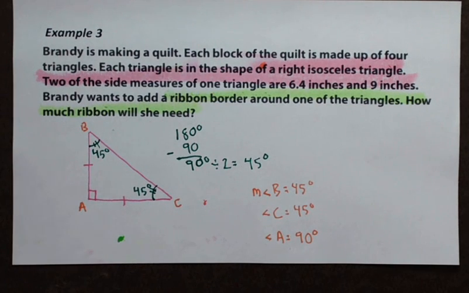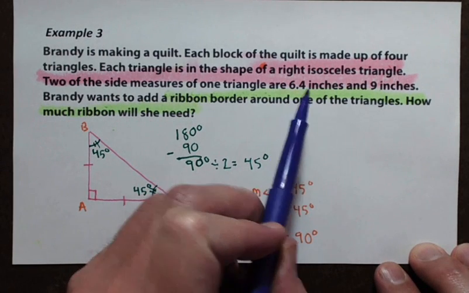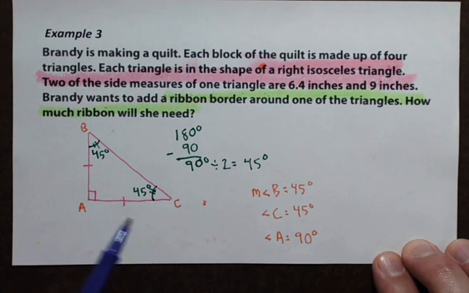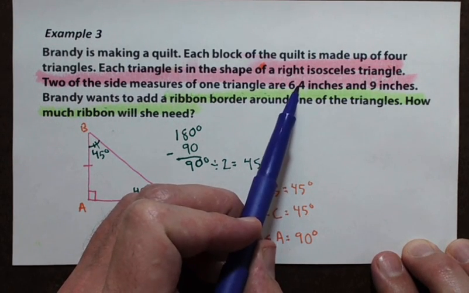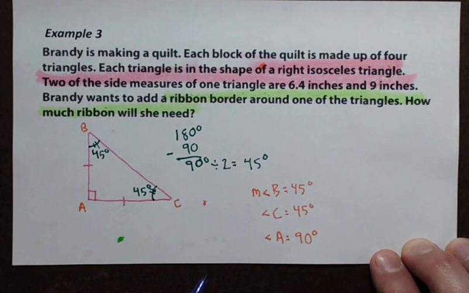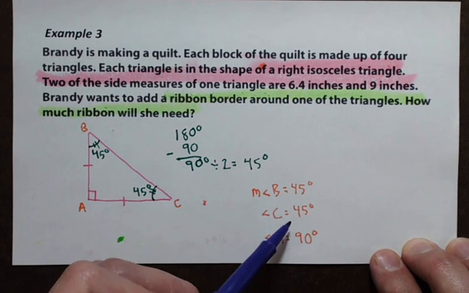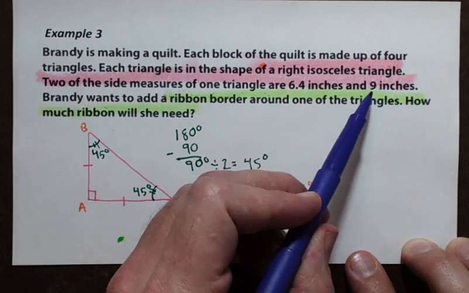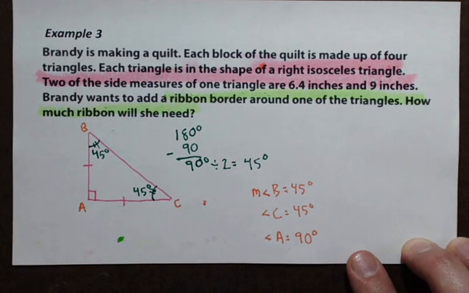Okay, now that I've listed those in order, I want to point out again that we have two sides, 6.4 inches and 9 inches. Those are two lengths that were given. We know that either this is going to be repeated twice or this is going to be repeated twice. So if I look at my clues here, 90 degrees is my largest angle. That means my largest side has to be 9 inches.